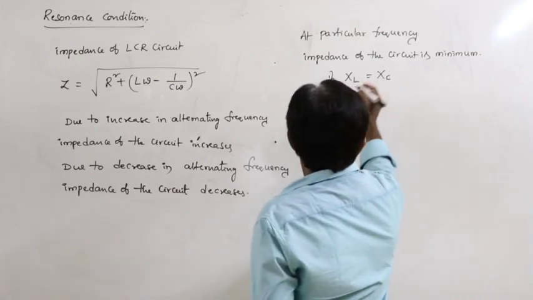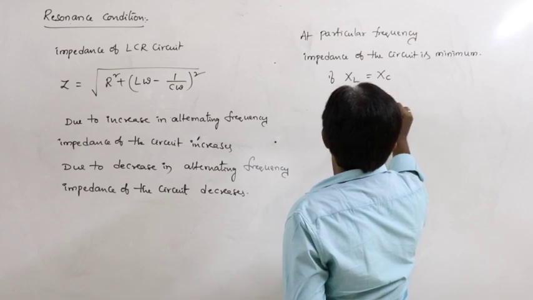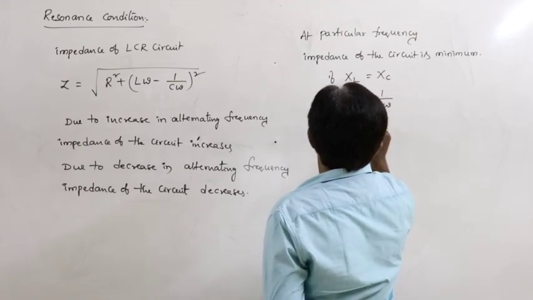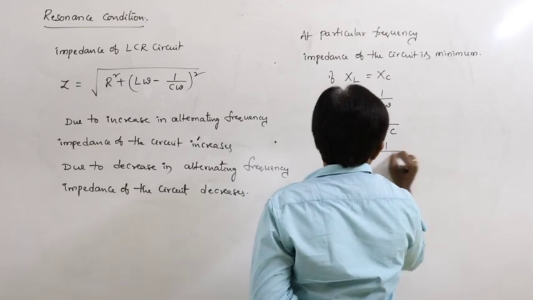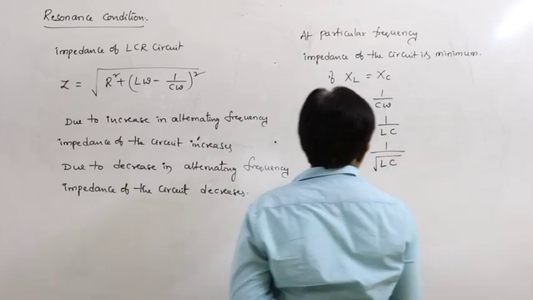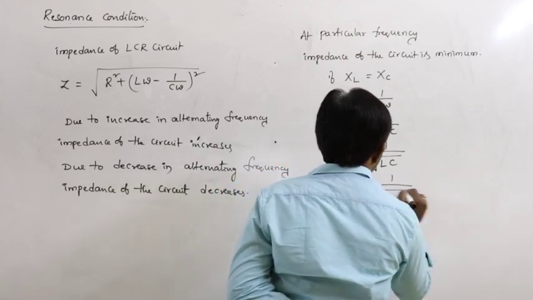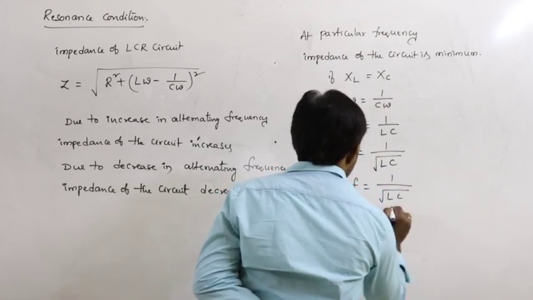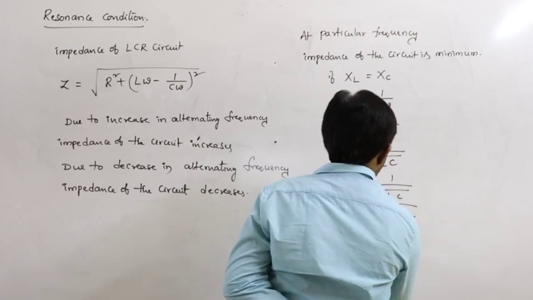So, XL can be written as L omega, and XC as 1 by C omega. Omega square is equal to 1 by LC. Omega can be written as square root of 1 by LC. So, omega, 2 pi f, is equal to 1 by root LC, then f is equal to 1 by 2 pi root LC.